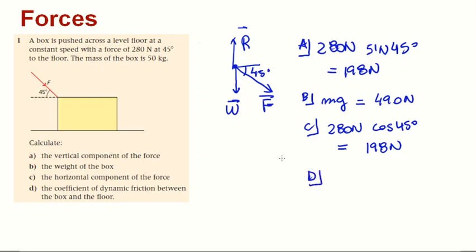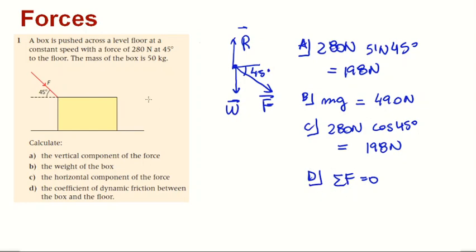Now D, the coefficient of dynamic friction between the box and the floor. We know that there is a constant speed, so the sum of the forces is 0.